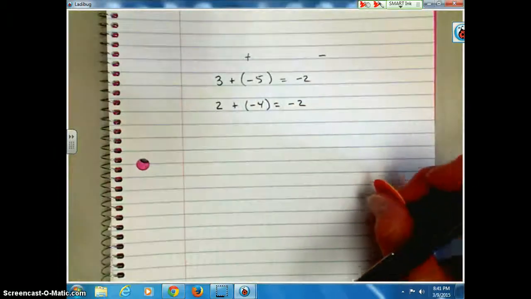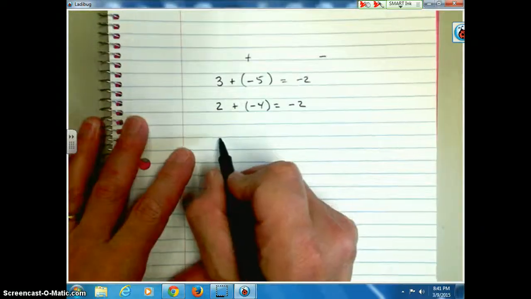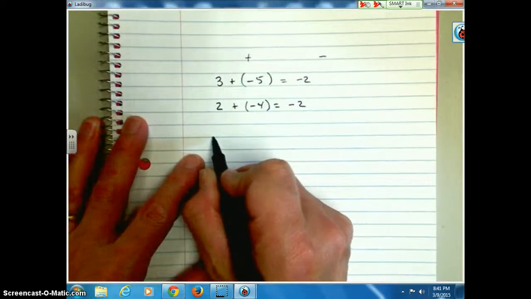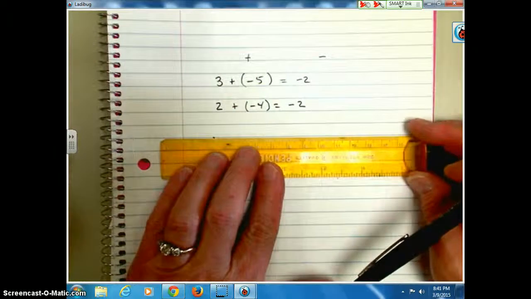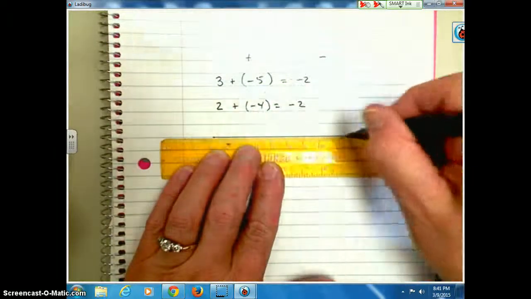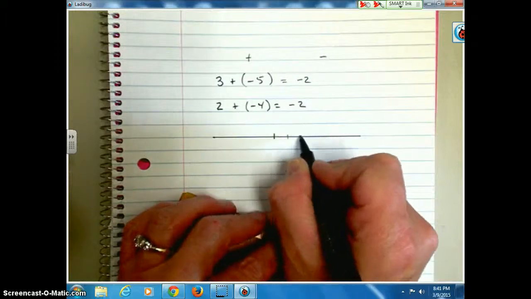Now another way to do this is with a number line, and there's a number line in the back of the room that you can check out. Let's use a straight edge here. We're going to use a number line, and we're going to have this be 0, 1, 2, 3.